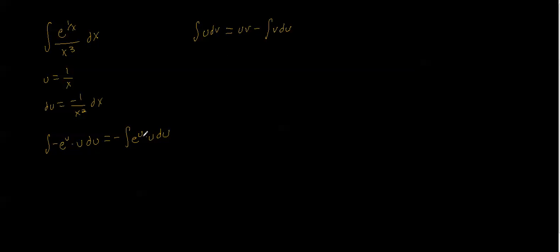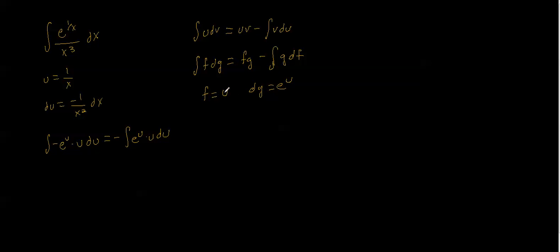But since we already have u's that we're using, we will change the variables and say that the integral of f dg equals fg minus the integral of g df. We will say f equals u and dg equals e to the u.